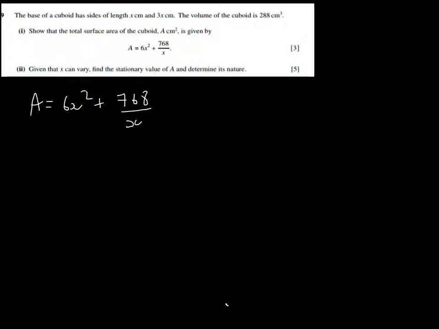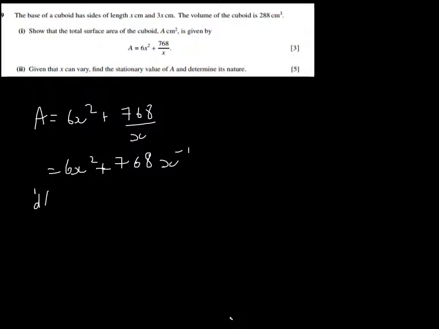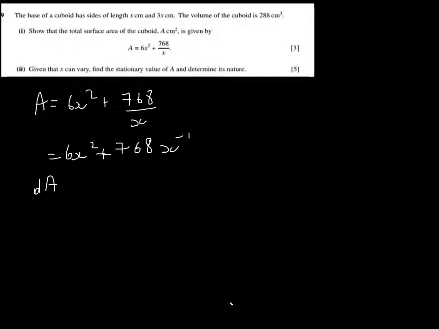What we're going to do to make it easy for ourselves is we're going to make this x to the power of -1 before we differentiate, just so that we can do our whole multiplication thingy with the powers. So we differentiate that, we get 12x, and we get minus 768 x to the power of -2, because we're taking away a power.